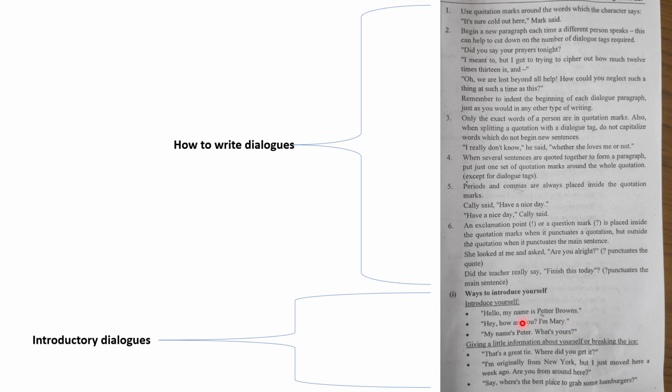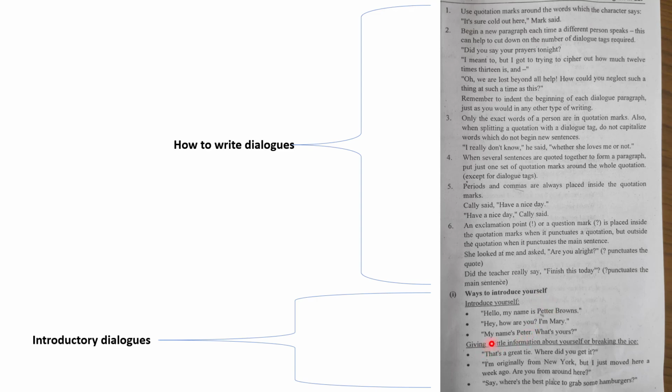Or "My name is Peter. What's yours?" So these are some word manners that you can use when you need to introduce yourself.